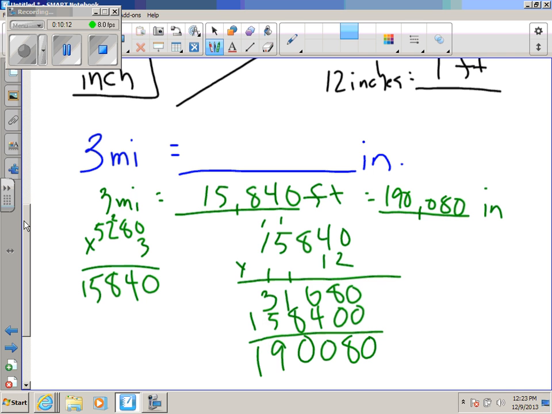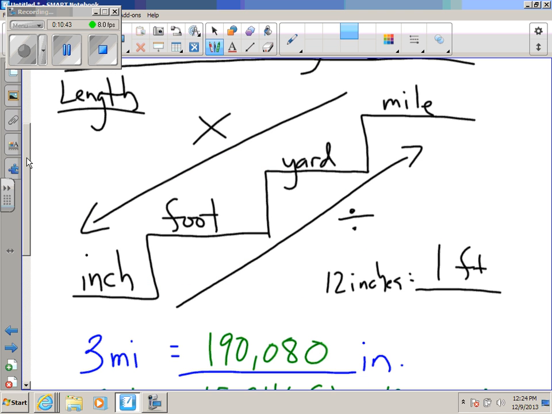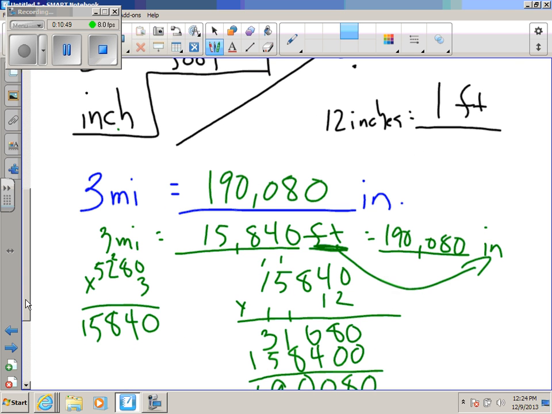It's a lot of inches. Step by step. We started all the way up top on miles. We converted to feet before we could convert to inches. So if there's more than one step in getting from one place to the next, like here, from miles all the way down to inches, sometimes it requires more than one step in your work. Okay? Now, that's for length.